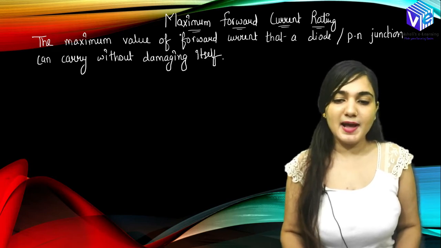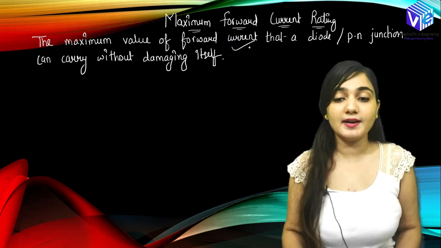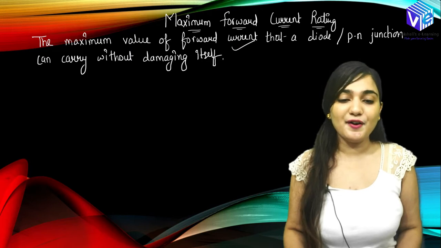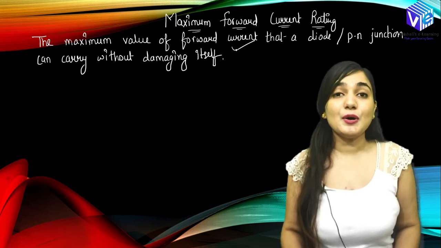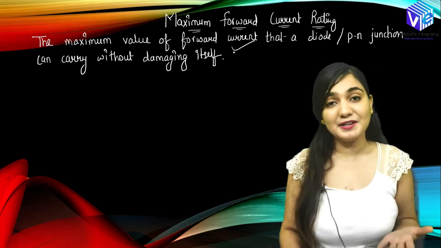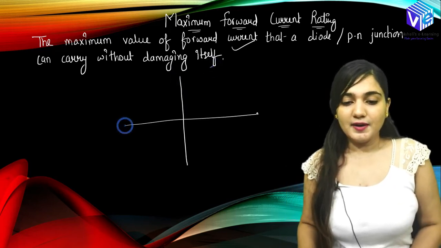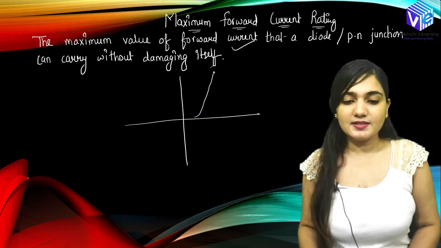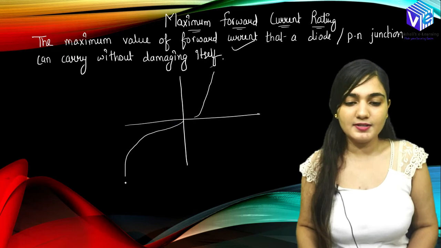So now coming to the maximum forward current rating: the maximum value of the forward current that the diode or PN junction can carry without damaging it, right? We cannot have unlimited forward current. In the graph of the PN junction, this is the forward bias graph and this is the reverse bias graph.